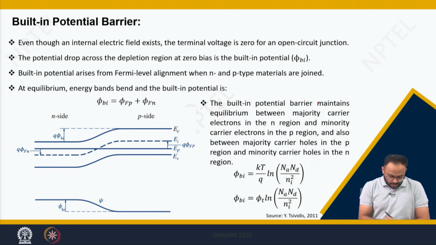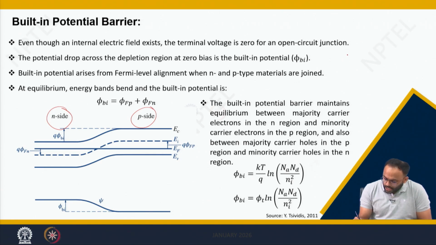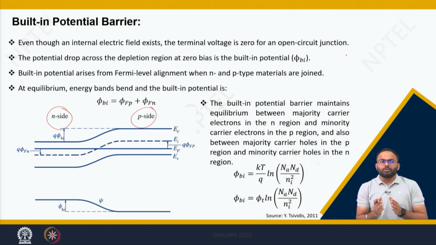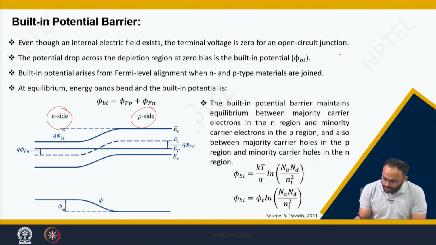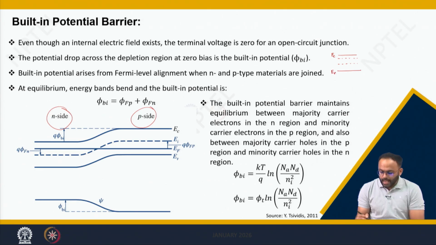Let us understand the potential barrier in terms of the band diagram. So I am redrawing here the band diagram of the n side and p side. If the two semiconductors are separate, then the n-type band diagram can be plotted like this. This is EC, this is the Fermi level, the intrinsic level, and EV. As under zero bias condition no current flows, the Fermi level will be constant.